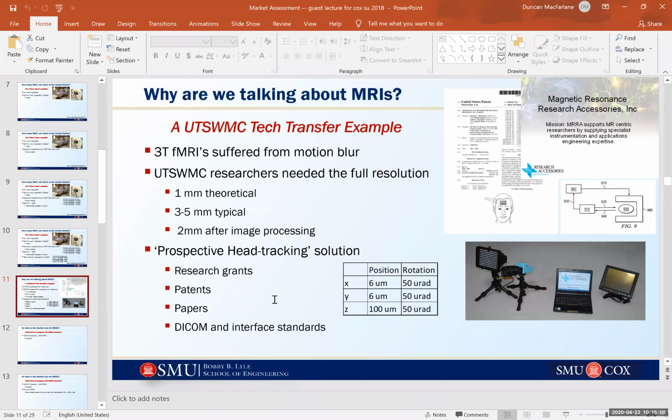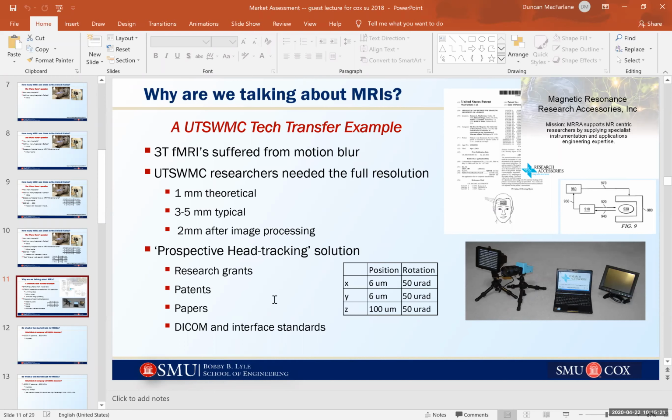However, it demanded some cooperation with the MRI companies. So again, if you think in terms of relationships, you had a small startup company talking to big magnet people.